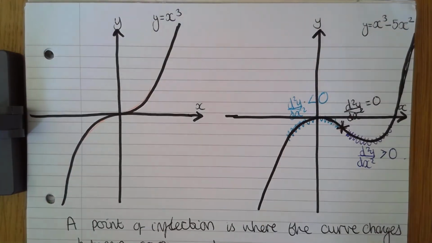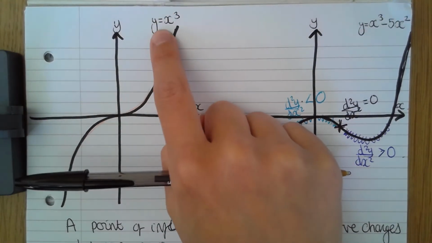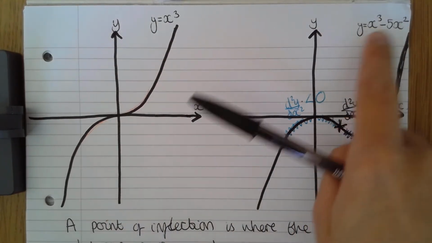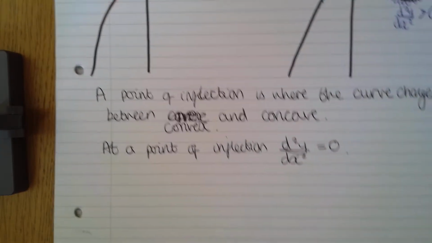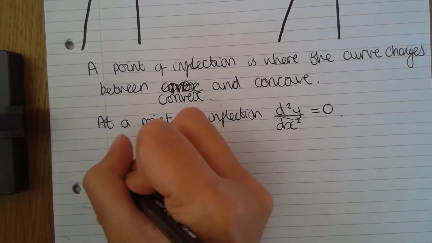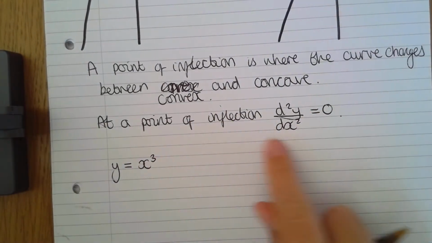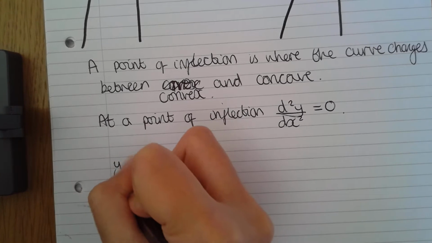So we're going to quickly go through how you'd find your point of inflection for y equals x cubed, even though you can probably guess where it's going to be for this one, and then for y equals x cubed take 5x squared. So to find your point of inflection for y equals x cubed, we set our second derivative equal to 0.